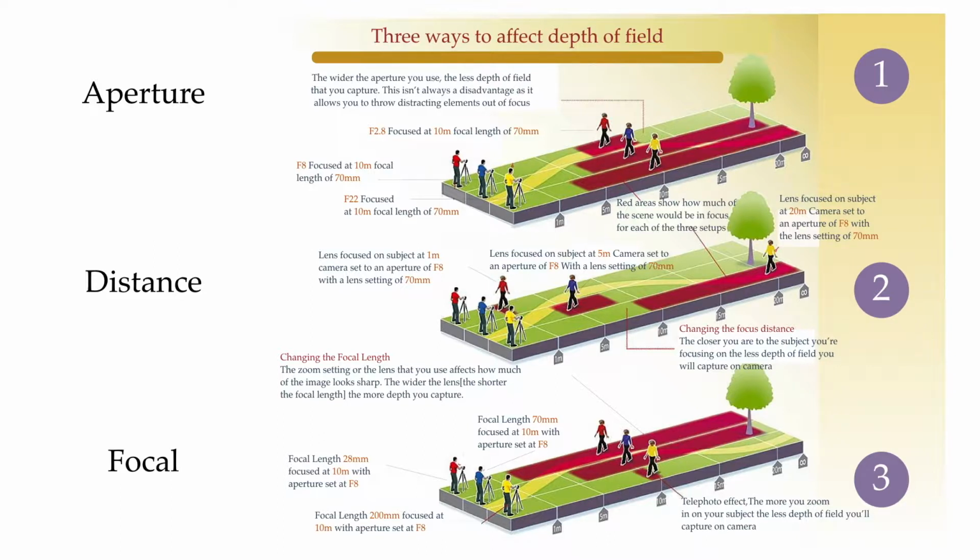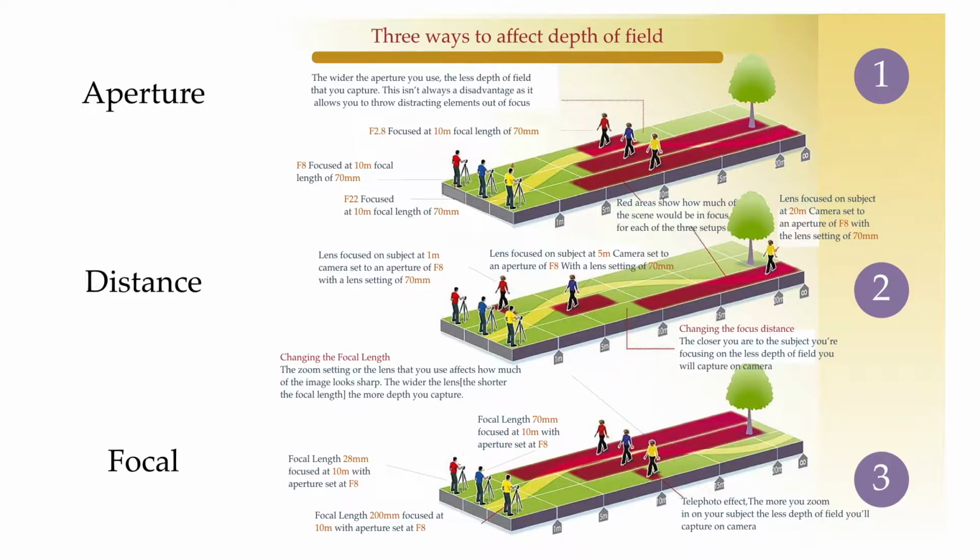In the first part it's 2.8, so we can see that the depth of field is very, very limited, both in front and behind the subject. The next one is where we change our aperture to f8, and our depth of field in front of the subject becomes greater, but even greater behind the subject.